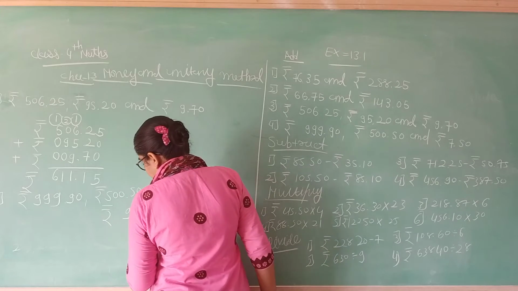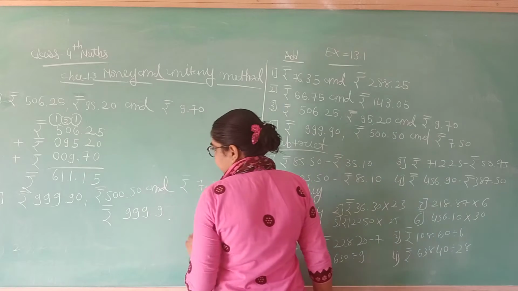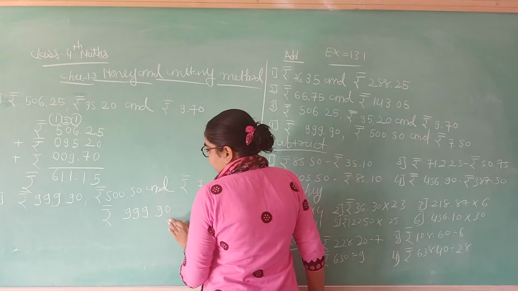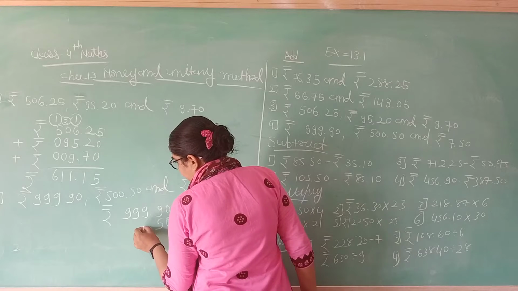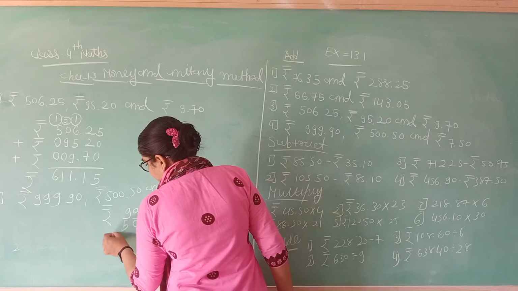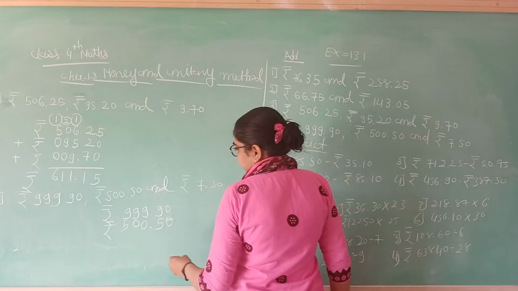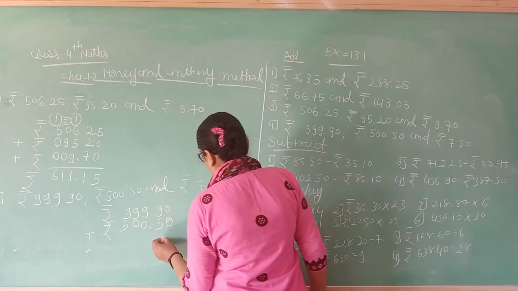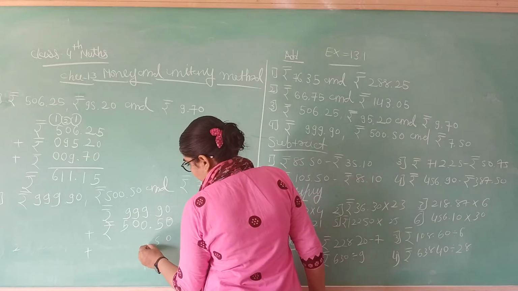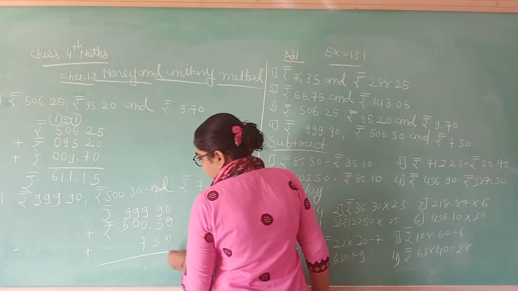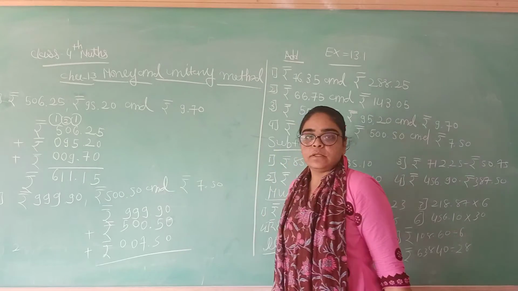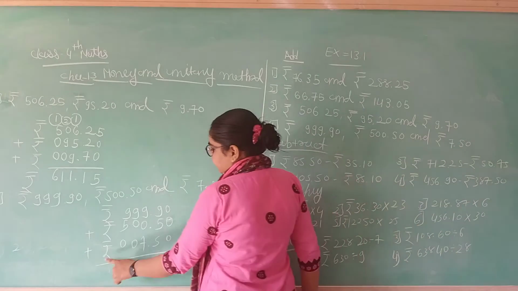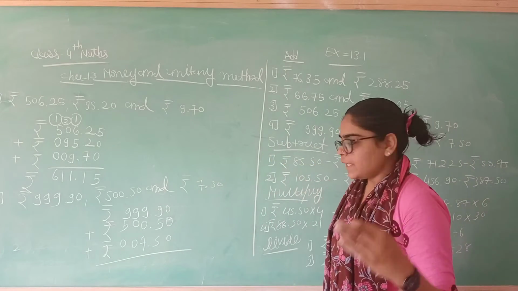First write down 999.90. Then after, write the second number 0, 5, 0, 0 and 5. Okay. Then third number here 0, 5, then 7. Okay. Place of tens and place of 100 are not given. So in both places we write down 2 zeros.